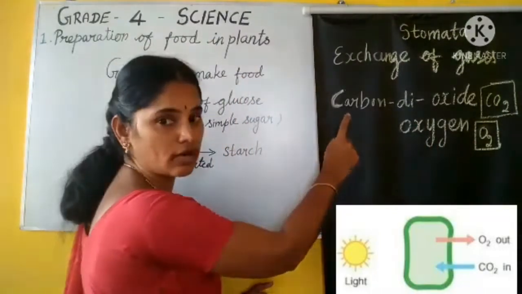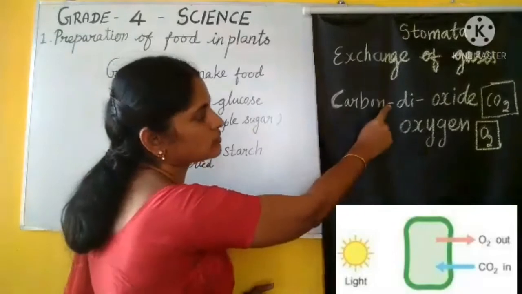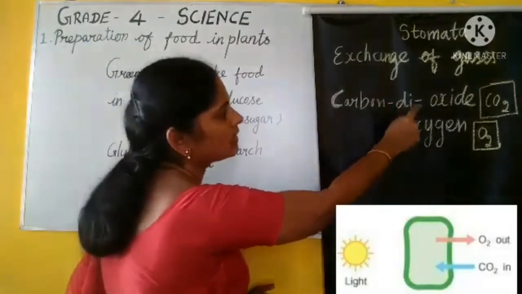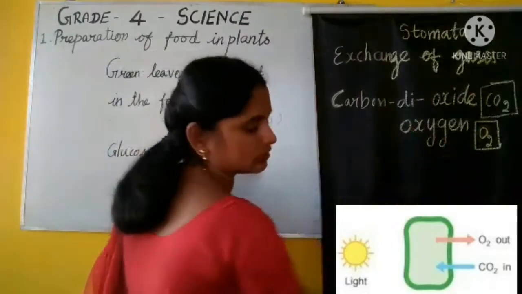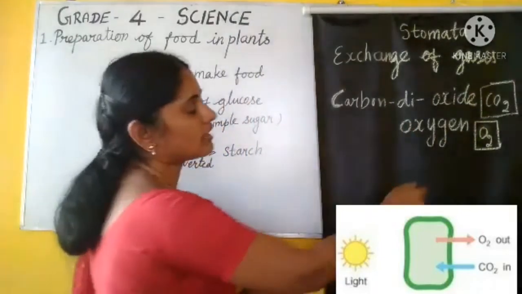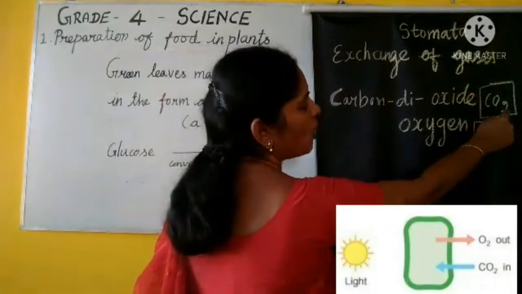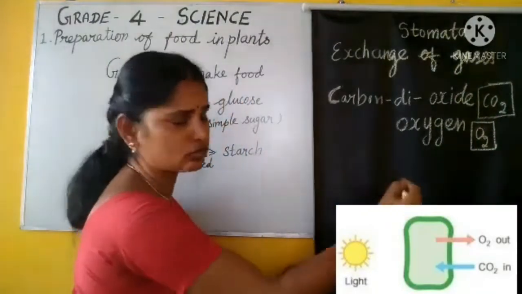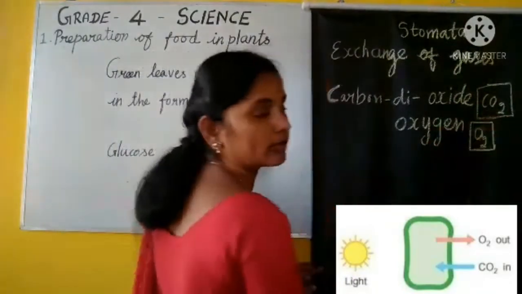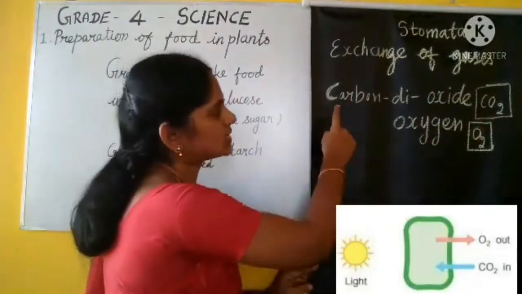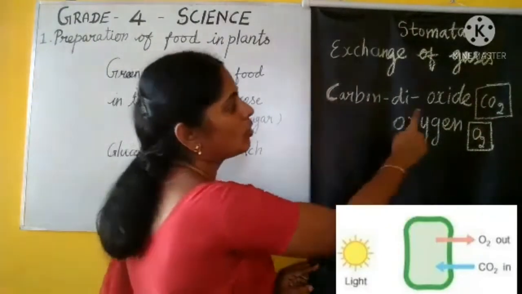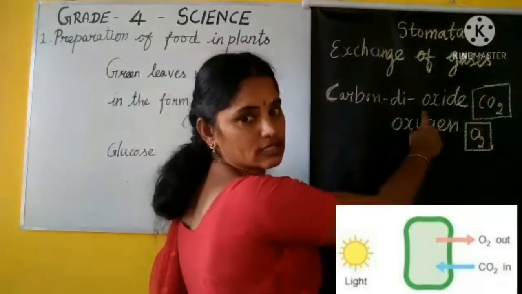We have to write like this: carbon, small hyphen, dioxide. Then oxygen. Okay. See, we can write like this also: CO2. C stands for carbon and O stands for oxygen.